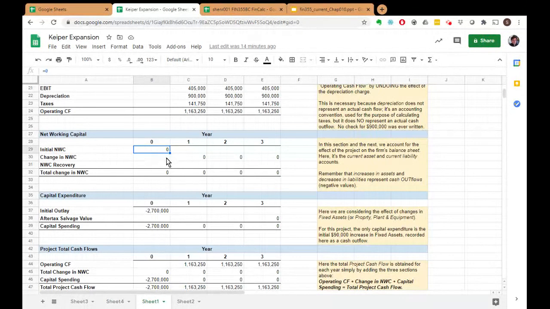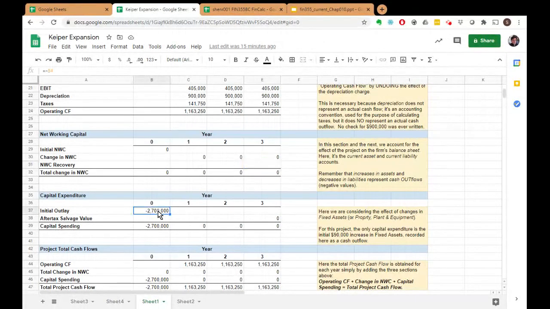It didn't tell us anything like that. So we have all zeros here. There was no working capital expense described. There's no recovery of working capital at the end of the project. These are just all zeros. We'll use that in a later project. But for now, you can ignore that.